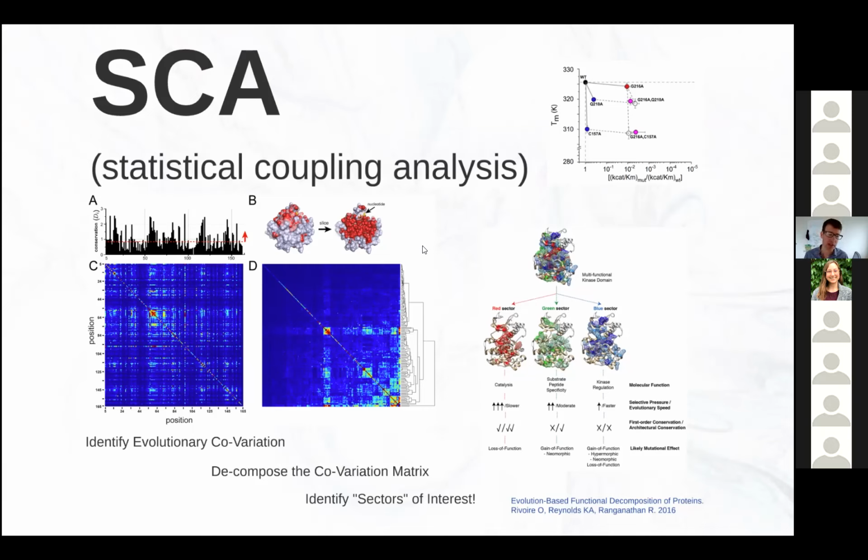So there's a bit of math and a bit of thresholding that goes on to actually define a sector. But to be clear, a sector is smaller than a domain, and it's the set of amino acids that are co-evolving up to some threshold. And usually you're trying to find independent sectors that don't overlap.